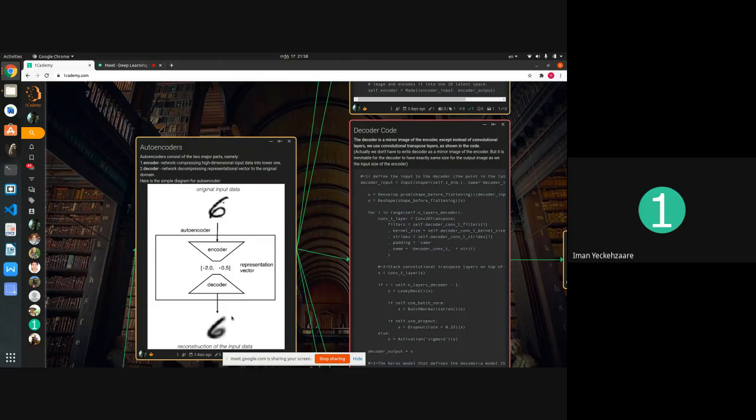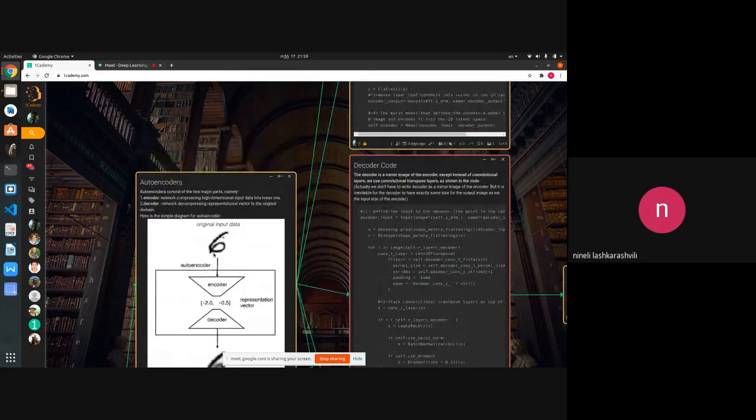Are they the same dimensions, or is it reducing the dimensions? In case of the encoder, I would explain it because I have this sample code for it. The encoder looks very similar to what we have in a convolutional neural network. But in case of the decoder, we have the mirror case of what we have in convolutional neural networks, and we are trying to reconstruct the image from the output that we get from the encoder. Was it clear? Yeah, thank you.